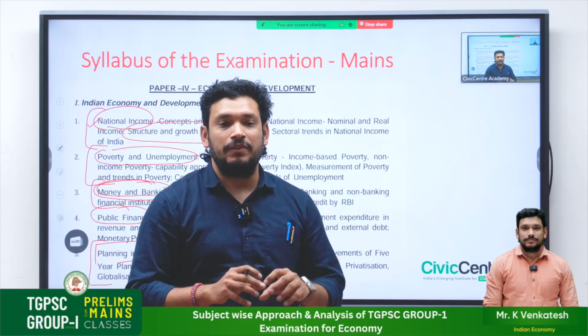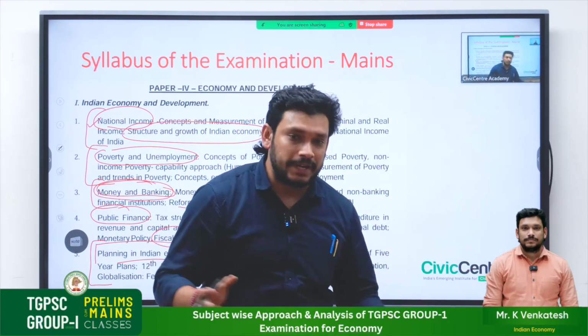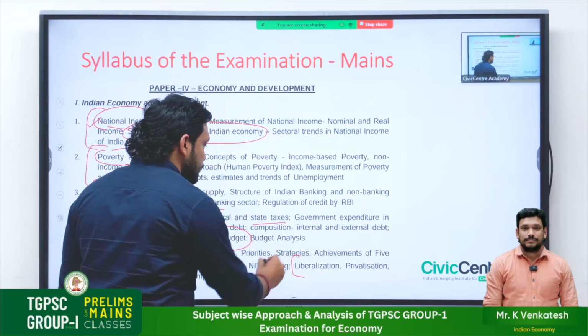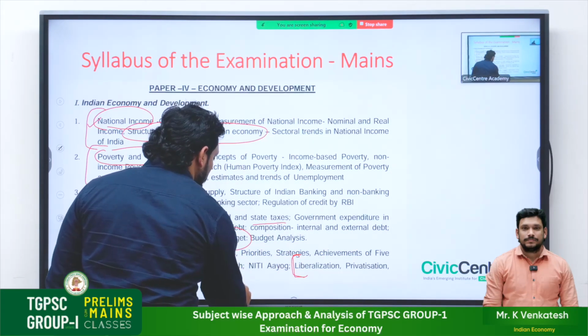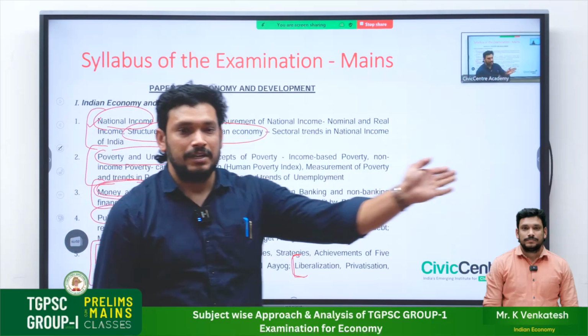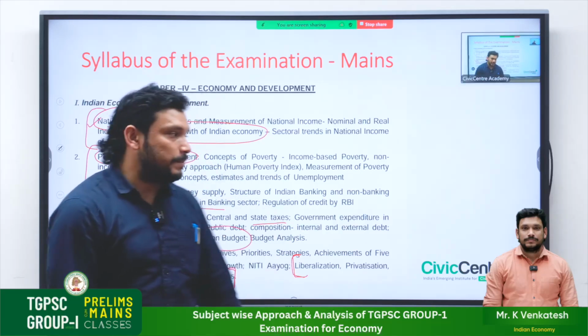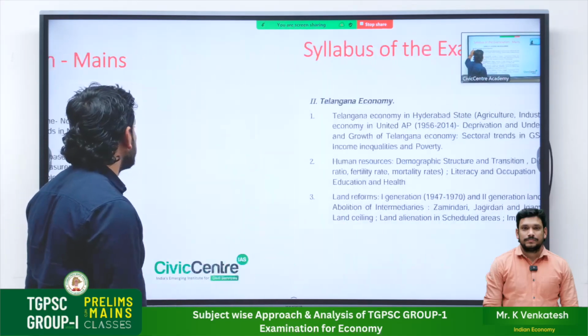But from 1991, those restrictions were removed completely, which is liberalization, right? So these reforms are more important from the economic perspective, which changed the direction of the Indian economy in its entirety. So that's why we need to see LPG reforms.